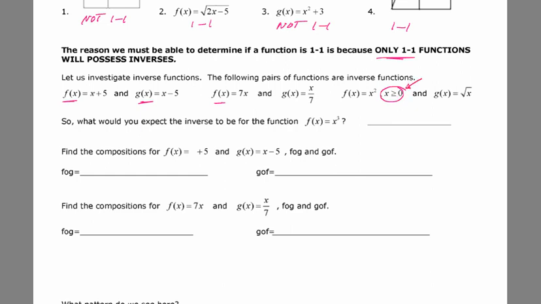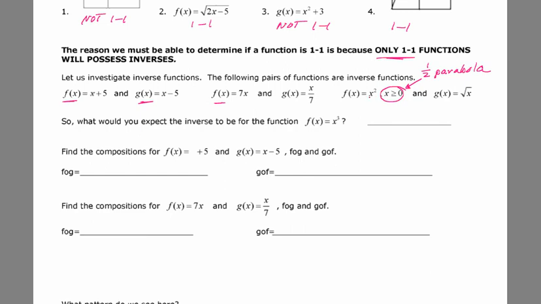What this restriction does is it makes us consider only half of the parabola. And half of a parabola is a one-to-one function. So that statement says, okay, that one's a one-to-one function, so we can perform our operations.